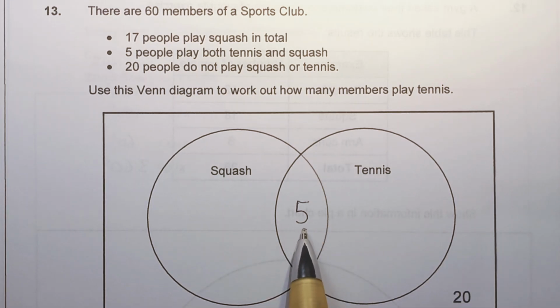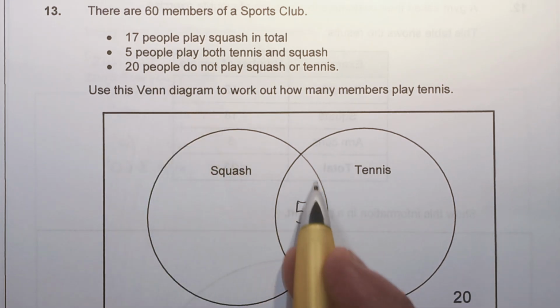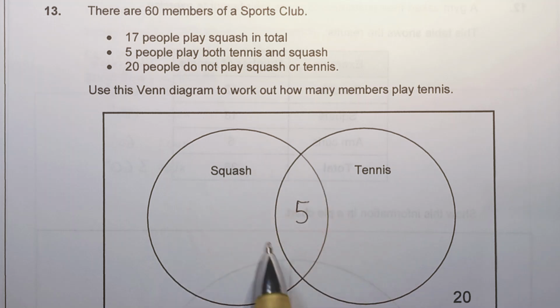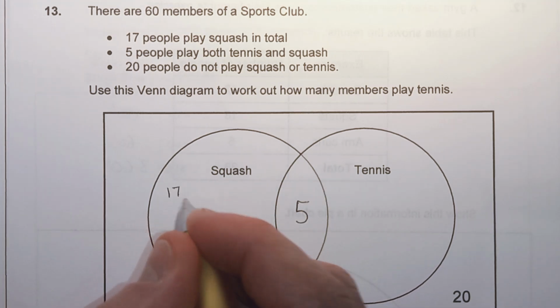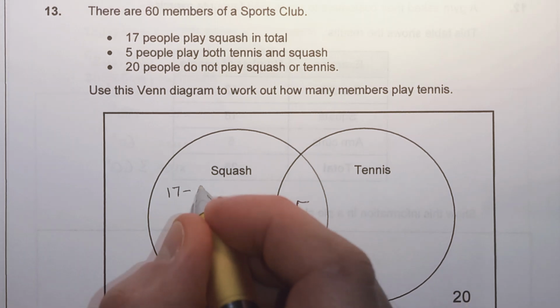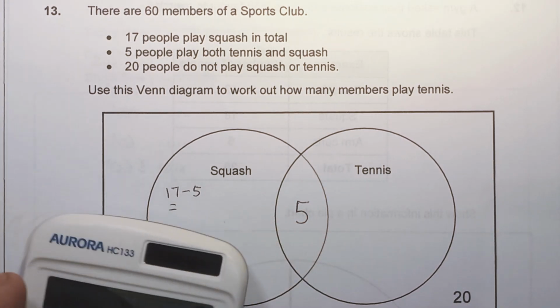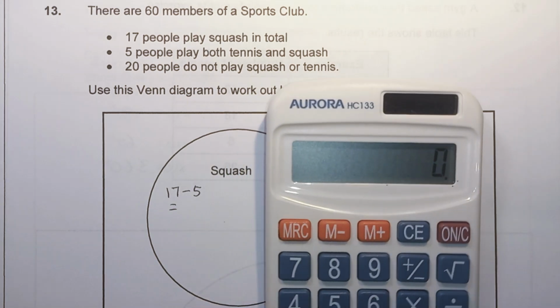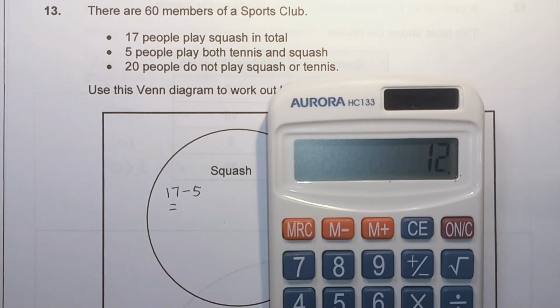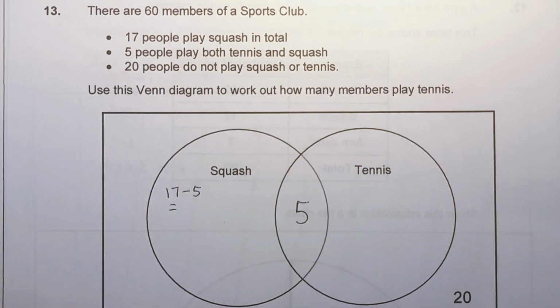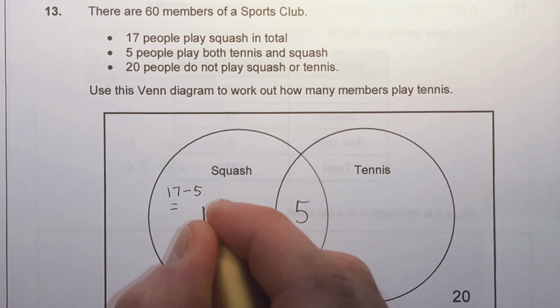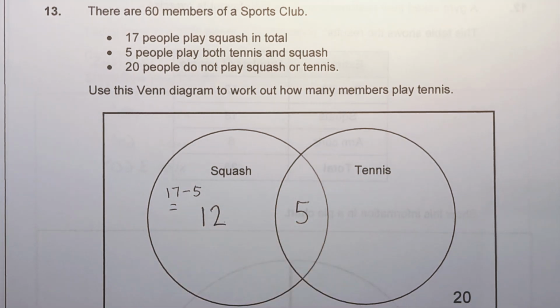Now I can use this, because if we know 17 people in total play squash, the ones that only play squash must be the 17 minus the 5 that play both. Again, you probably don't need a calculator for this, but 17 minus 5, we get 12. So play only squash is 12.